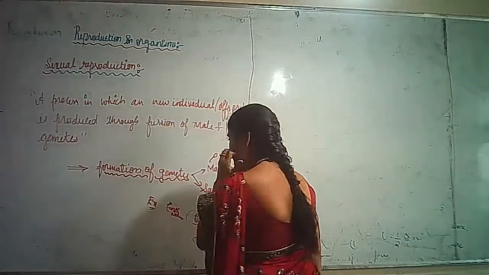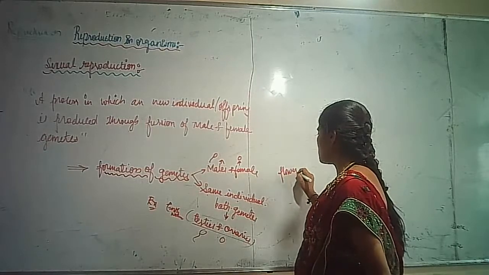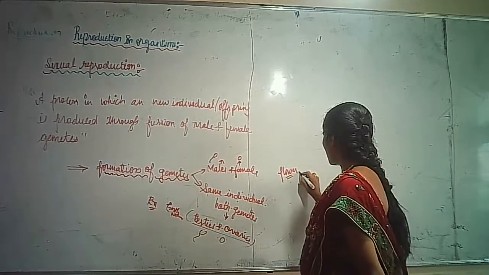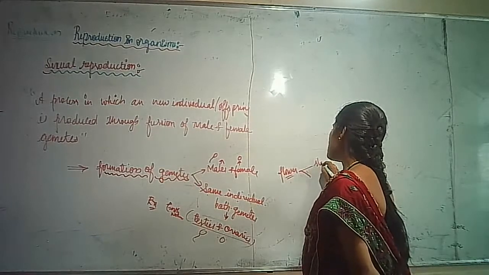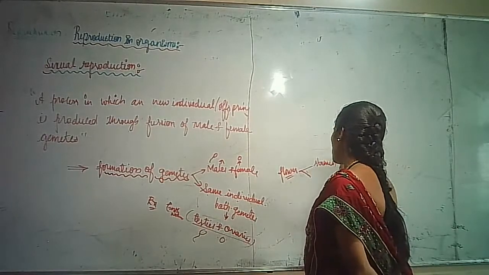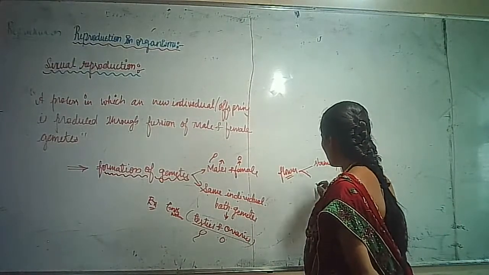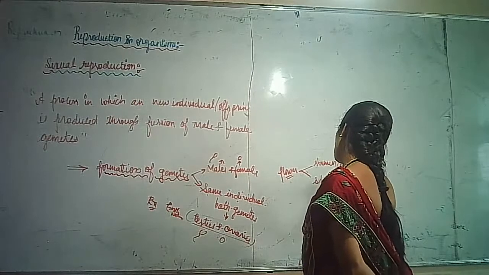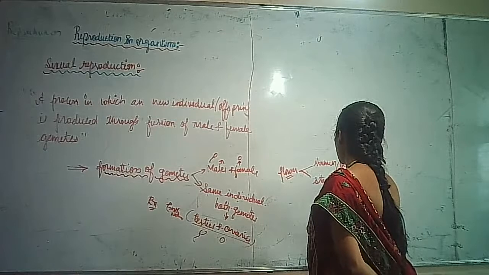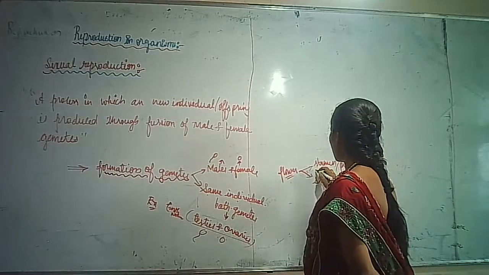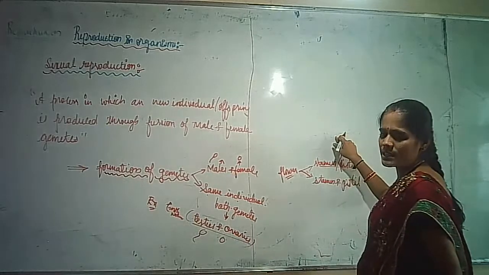And one more in the plant. In the plant, the flower is the sexual reproducing part of the plant. Some flowers show only stamen, that is the male reproductive part, or only pistil, that is the female reproductive part. In some, both stamen and pistil are produced. So the first I can call unisexual, dioecious.